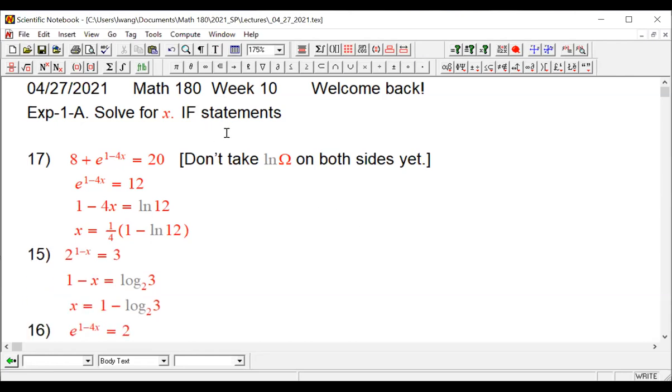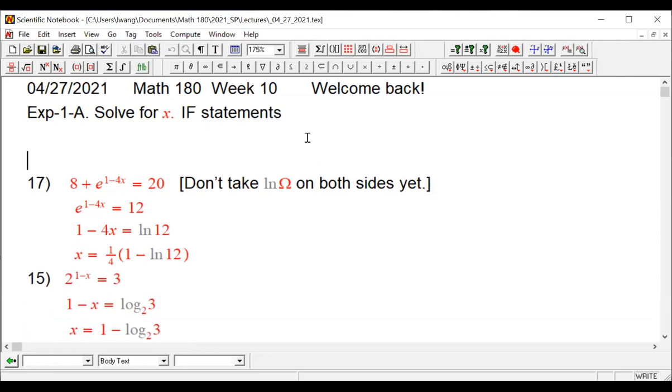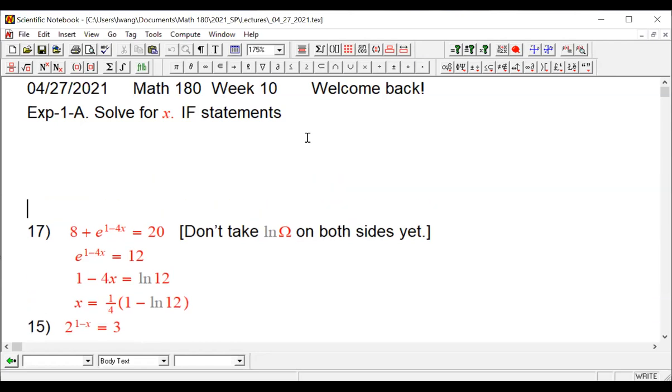Now we are going to attack the last two questions. Question 19 is probably the hardest question of all. Question 20 is actually not as hard as 19.